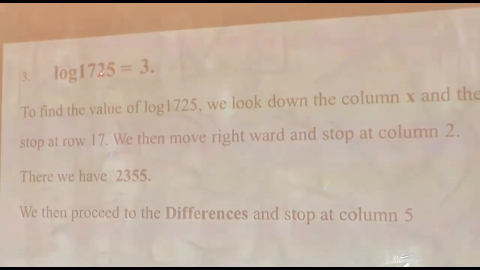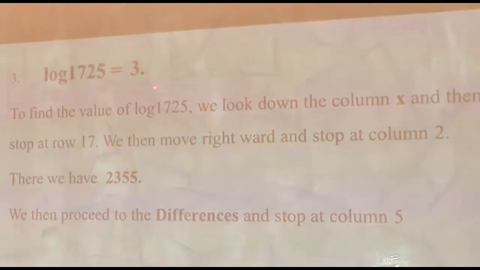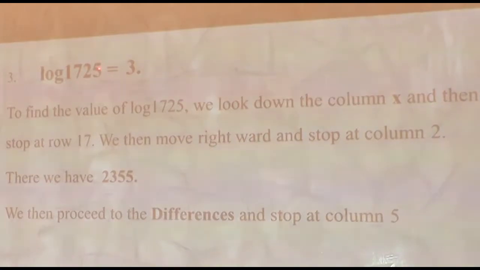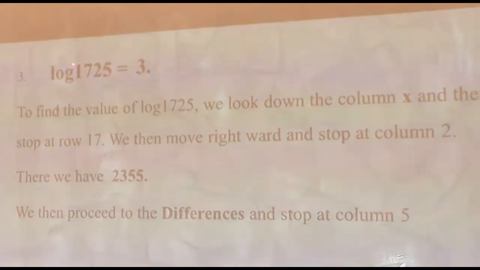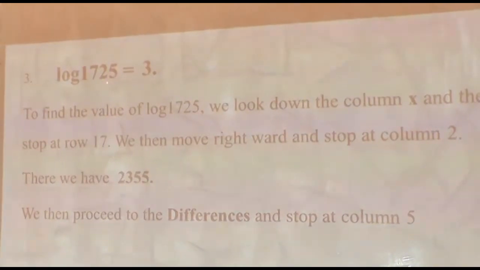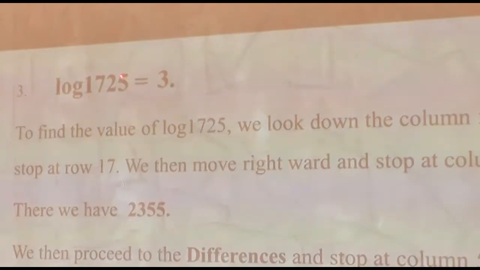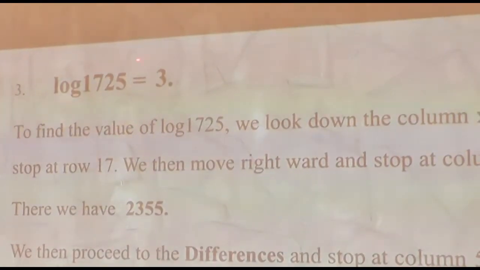Now we are looking at a third example where we have log 1725. In this case, remember we find the characteristic by subtracting 1 from the number of digits we have. Here we have 4 digits, 1725, so 4 minus 1 gives us 3.